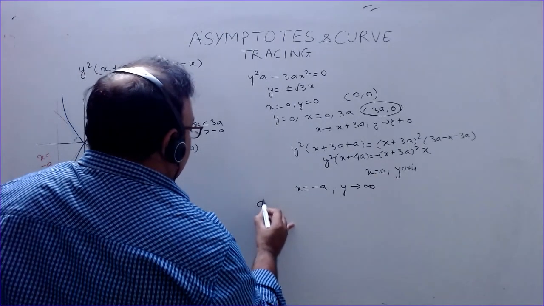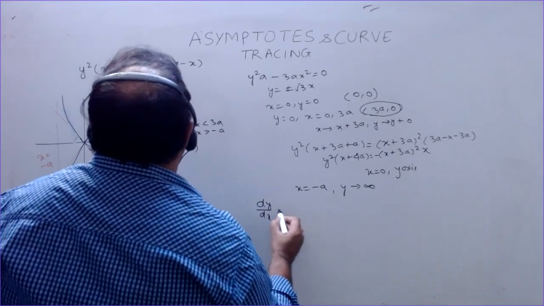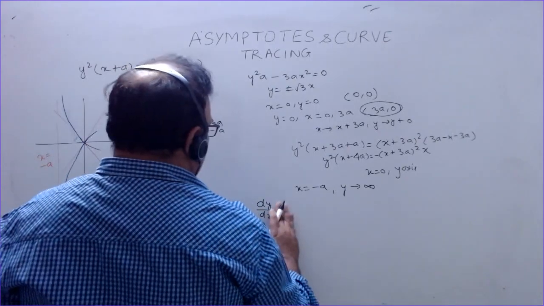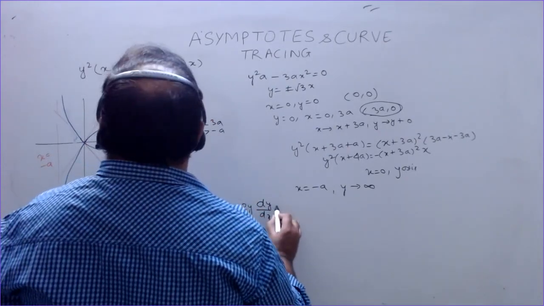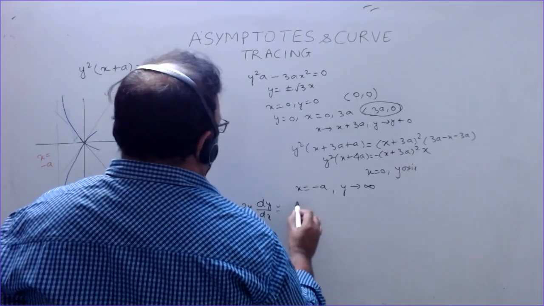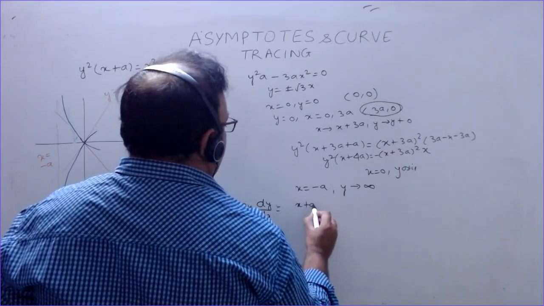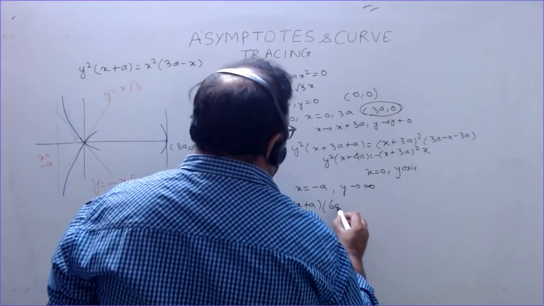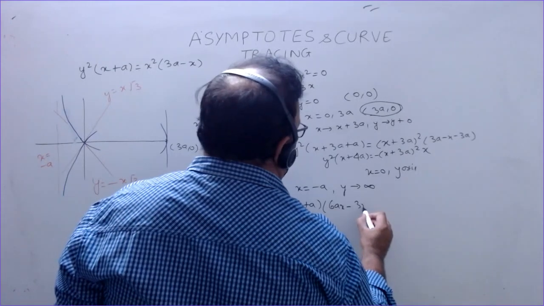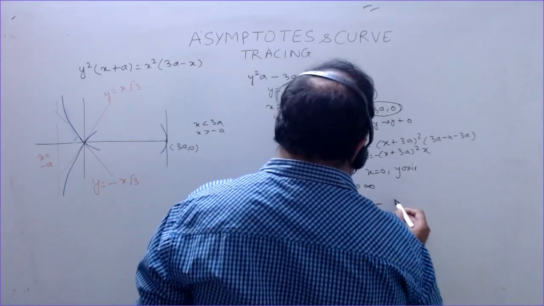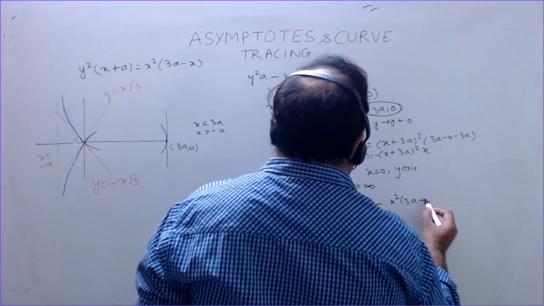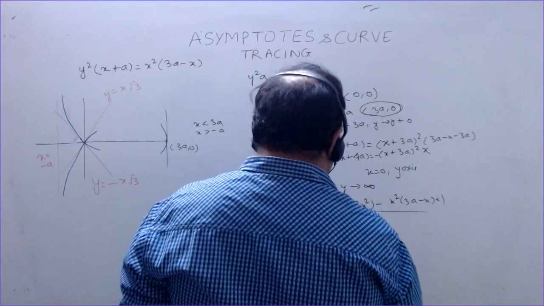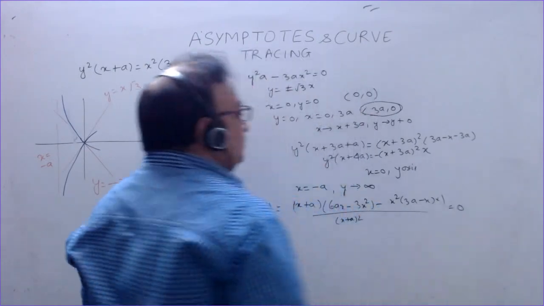So dy by dx will be equal to 0. If you find dy by dx, differentiating simply this, 2y dy by dx equal to x plus a into 3a into 2x, 6ax minus 3x square, minus x square into 3a minus x into 1 upon x plus a whole square, and put this equal to 0.